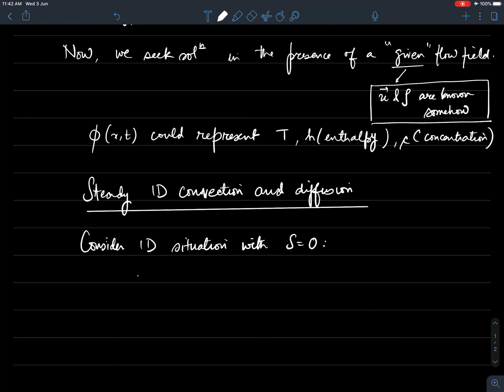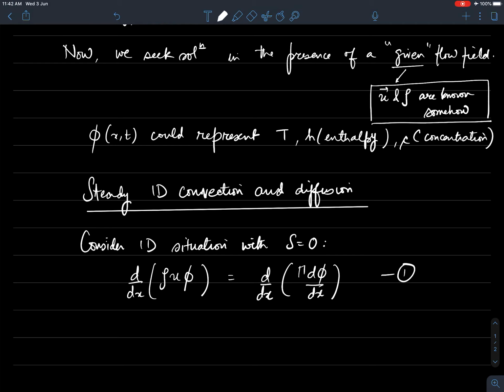Okay, so the governing equation that we will have will be d by dx of rho u phi is d by dx of gamma d phi dx.